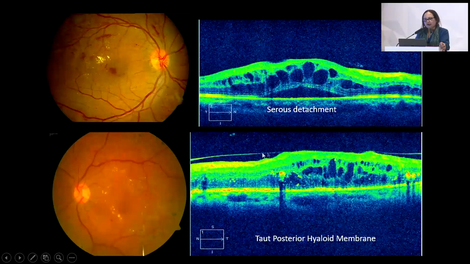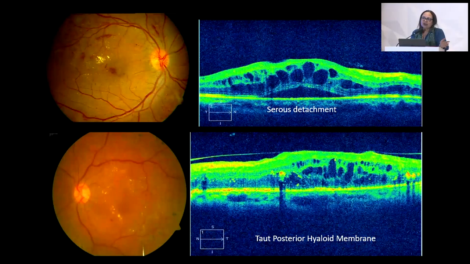And the most important is the traction. If you see traction on the fovea, this is a tractional variety of macular edema where neither the injections nor the laser will work. So if we have to do something, it is mostly surgery.